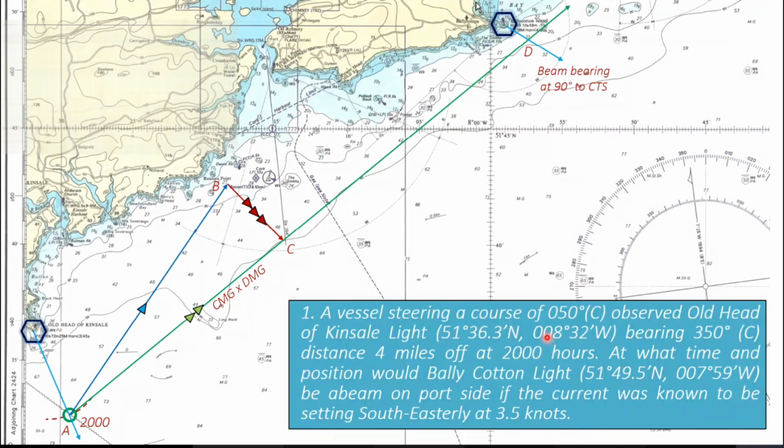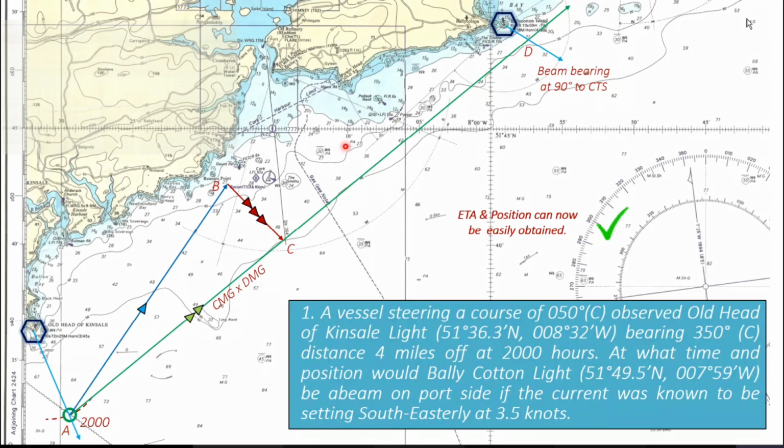Whatever duration you get, add it to 2000 hours and you will get your ETA when the Belly Cotton light would be abeam. So ETA as well as the position has been obtained now, and this completes the question.